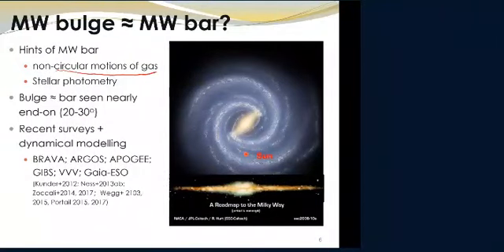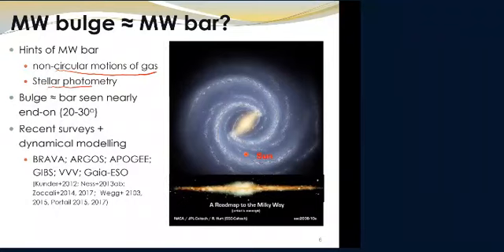If you have a bar, you don't expect the gas to stay on circular orbits, and this non-circular motion was a major piece of evidence for the existence of the bar. Also, you can study the bulge through stellar photometry and star counts, and the star count distribution is asymmetric.